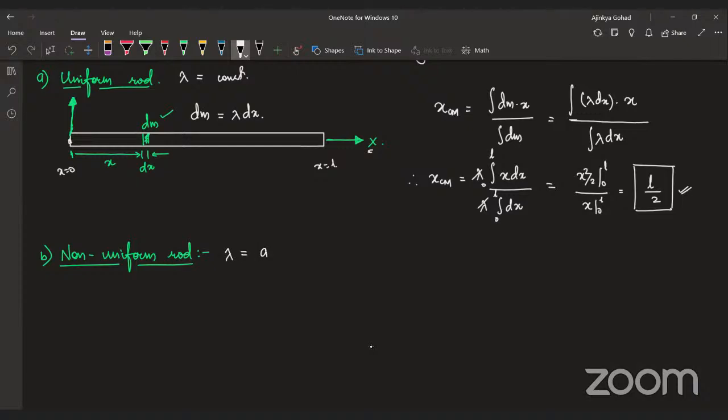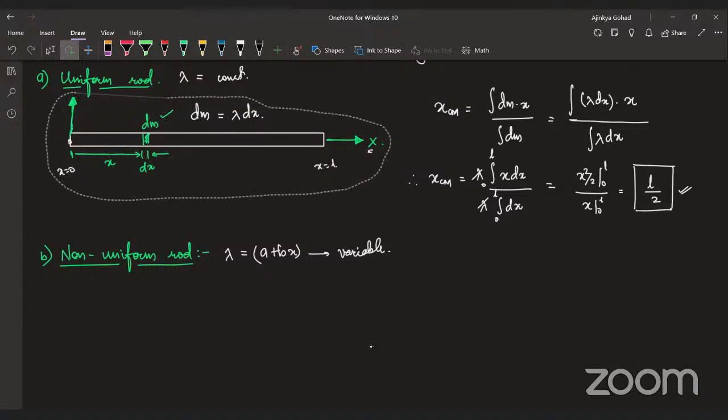Let's say the lambda is given as a plus bx. This is a variable. A simple variation, not a very difficult variation. So the entire process is going to be the same. Only the integration part is going to be different.